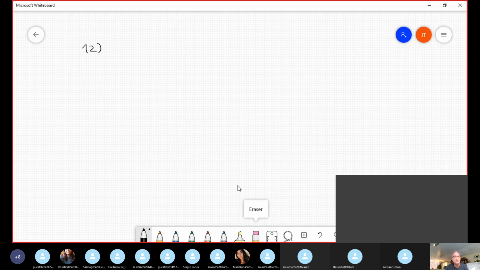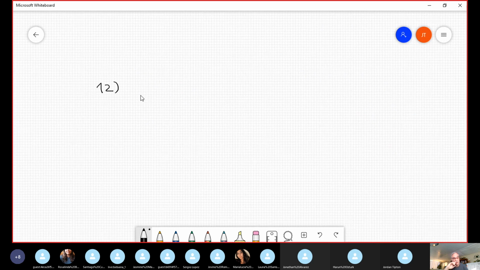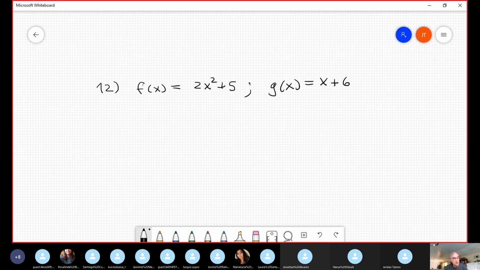We have a function f equal to 2x squared plus 5, semicolon, and the function g is equal to x plus 6. And they want you to compute f plus g evaluated in 3.